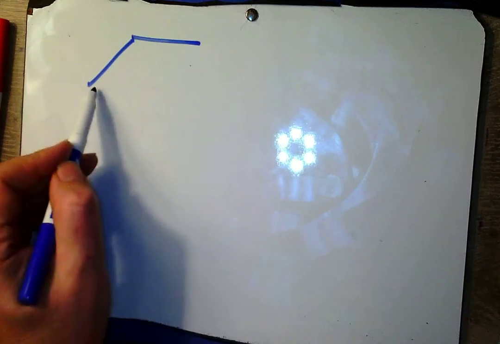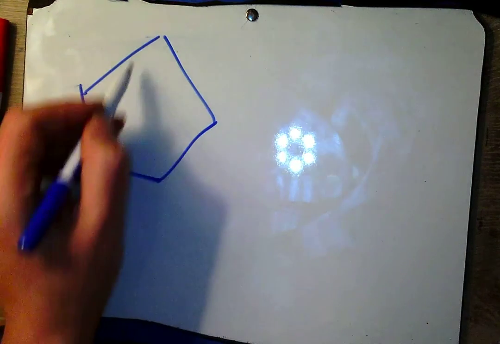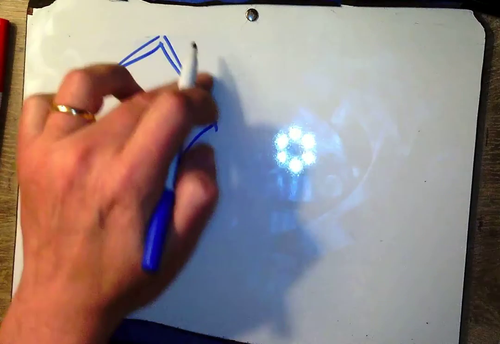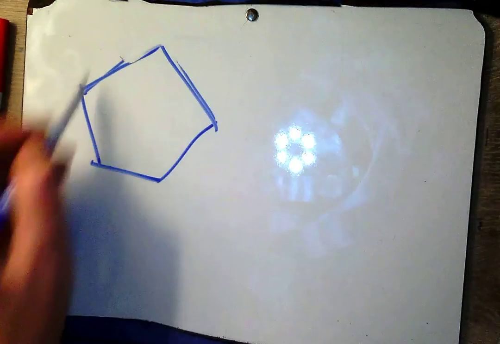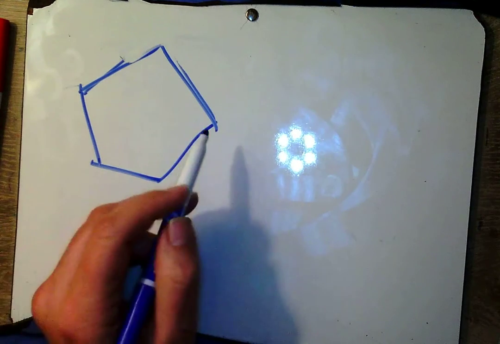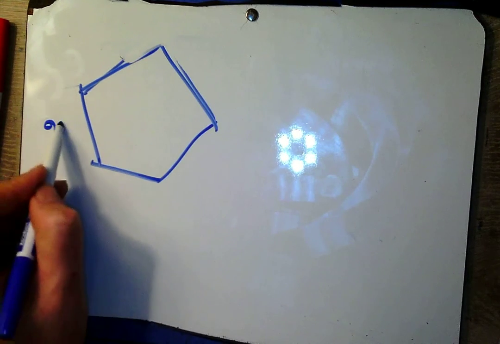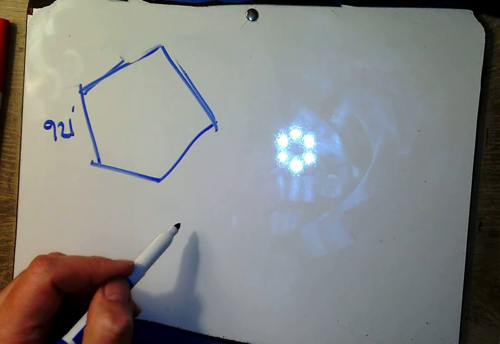Ooh, the Pentagon. We have this building in Washington called the Pentagon. And unlike my Pentagon, that's almost regular. The sides are all equal. These angles are all equal. We know that the Pentagon in Washington is 921 feet on each side.